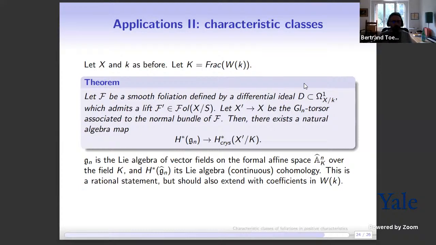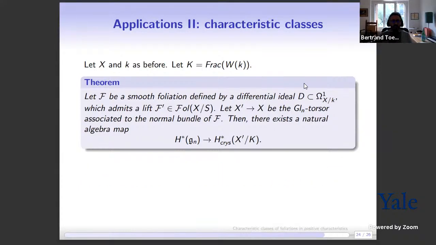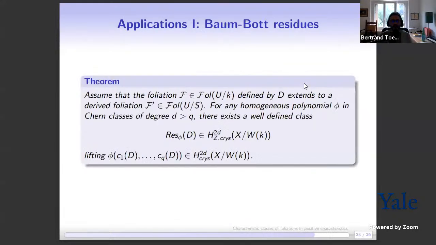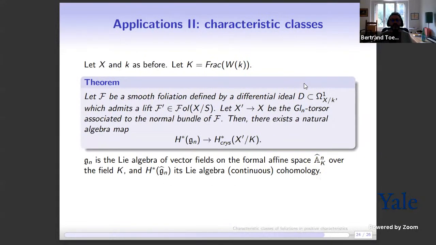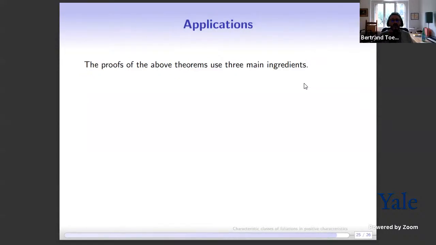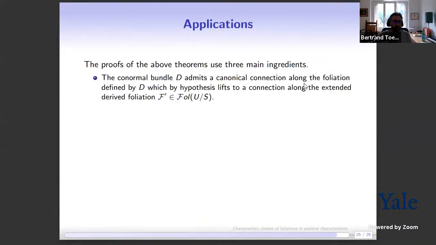Maybe I will finish by explaining the main ingredients to prove these two statements, the existence of residues and the existence of this characteristic homomorphism. The first thing is that the conormal bundle of a foliation always has a partial connection along the foliation.